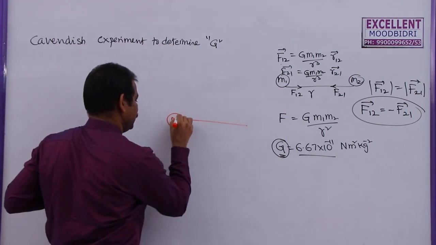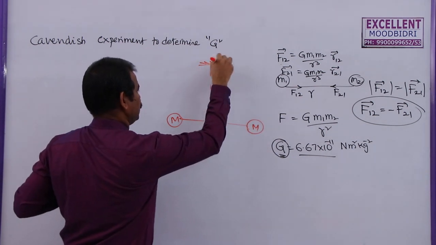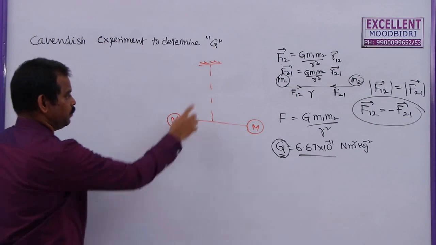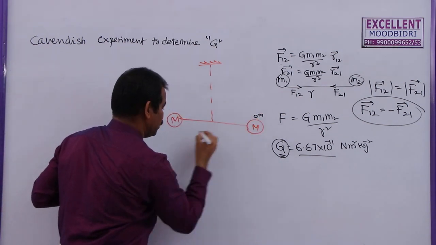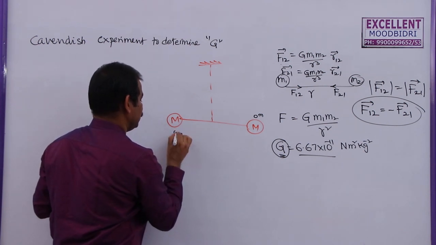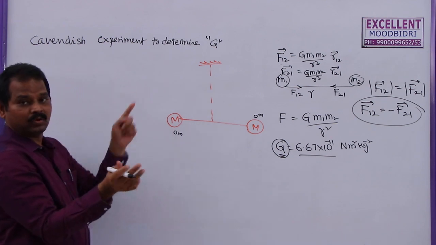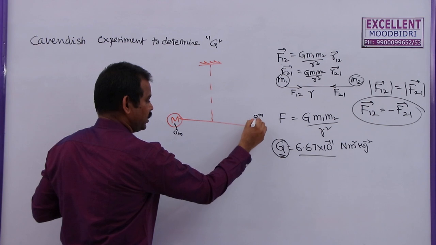This is M, this is also M, and it is suspended from a support with the help of a string. Now, a small mass m is kept here and another small mass m here at almost equal distance. Due to gravitational force, these two attract each other as well as these two.